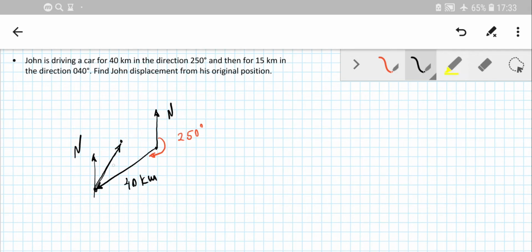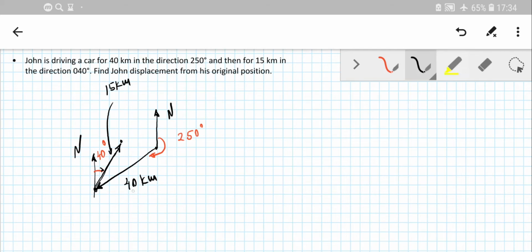So anyway, that's another vector, at 40 degrees from the north direction clockwise, and the vector length is 15 kilometers. So I just put 15 kilometers here. All right, so that's another vector.